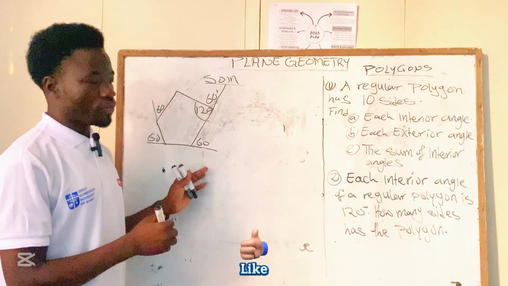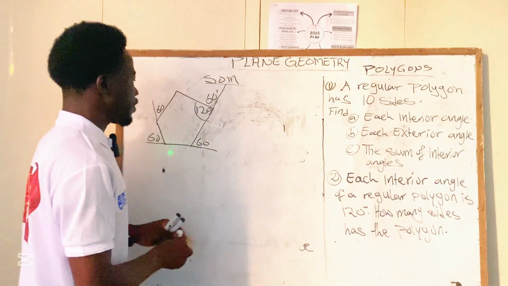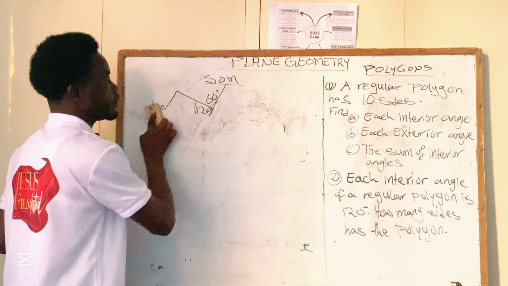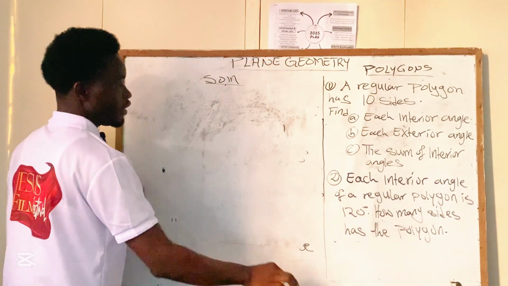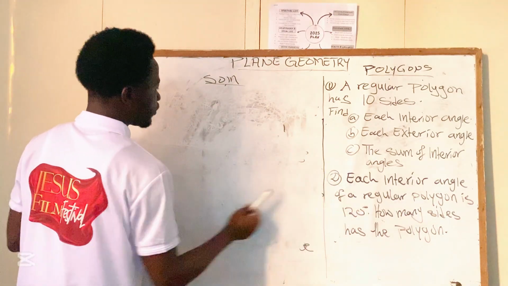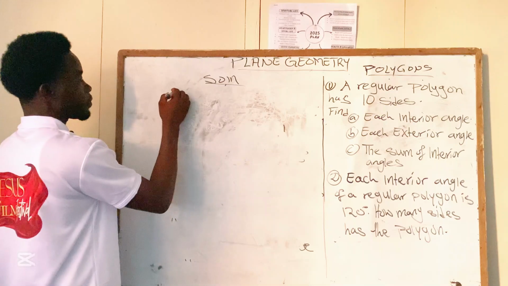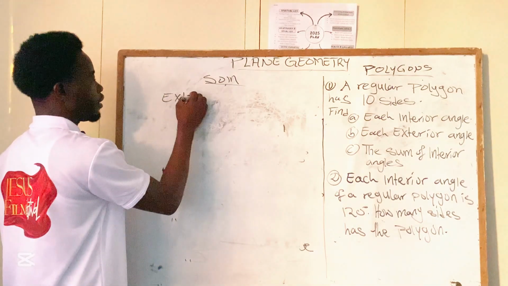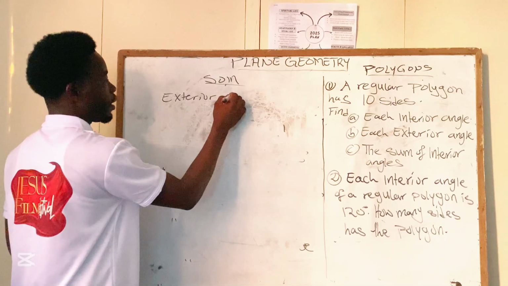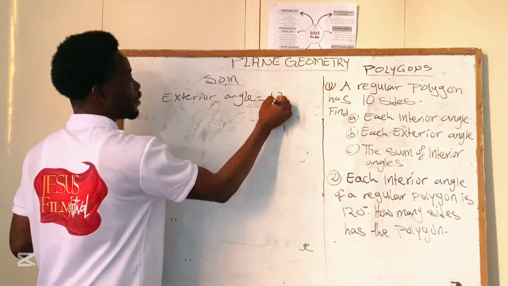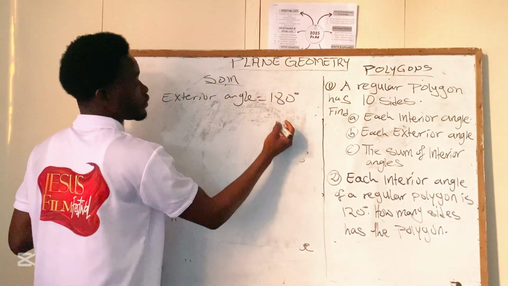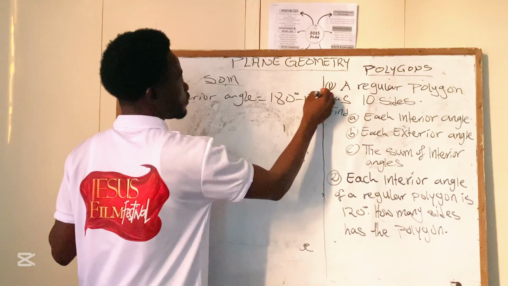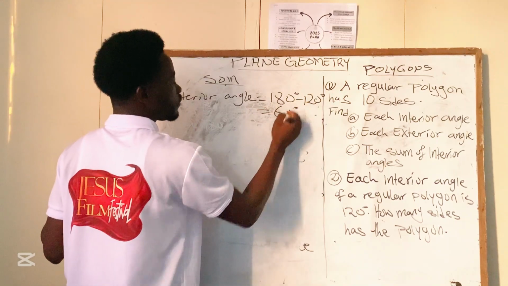So that is what it is all about. Now I know that the interior angle is 120. So I can get the exterior angle to be equal to 180 degrees, sorry, minus 120 degrees, which is 60 degrees.